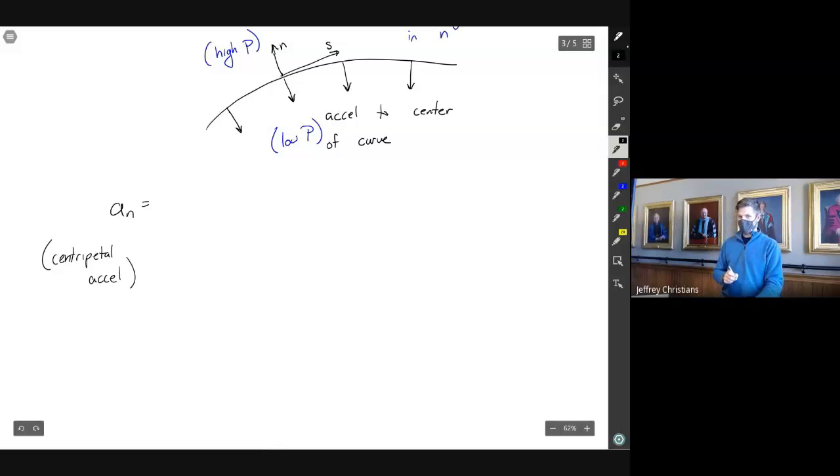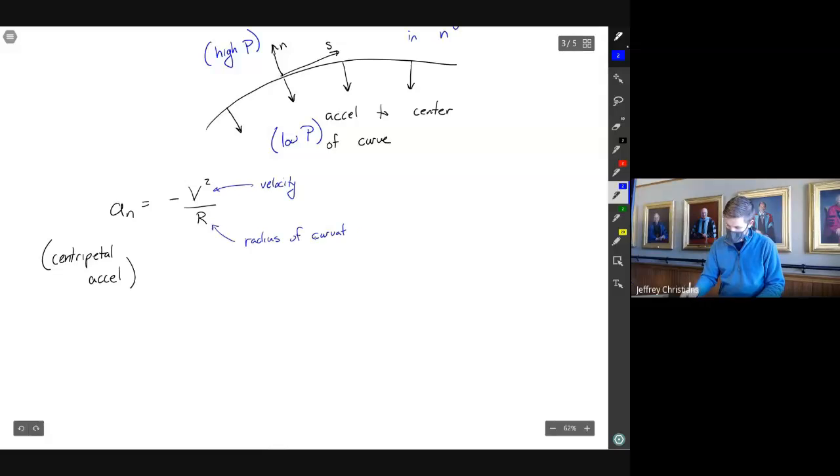If you just look at the definition for a centripetal acceleration, sorry, it's minus v squared over r. So v, that's the velocity. R is the radius of curvature.